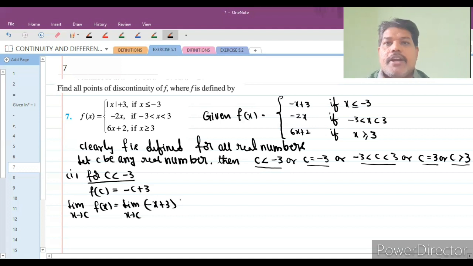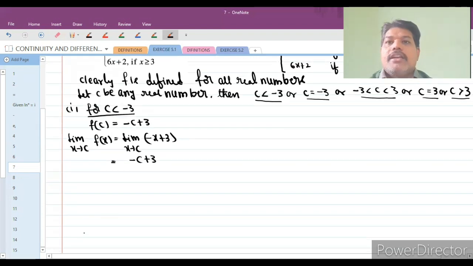If we apply the limit as x tends to c, it becomes minus c plus 3. Therefore, students, the limit as x tends to c of f of x is equal to f of c.